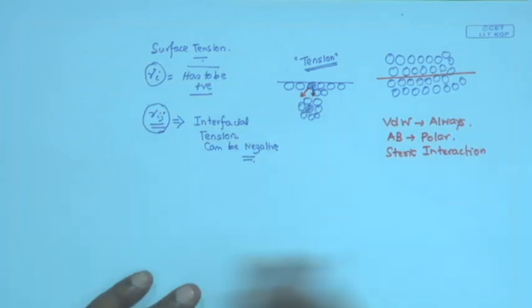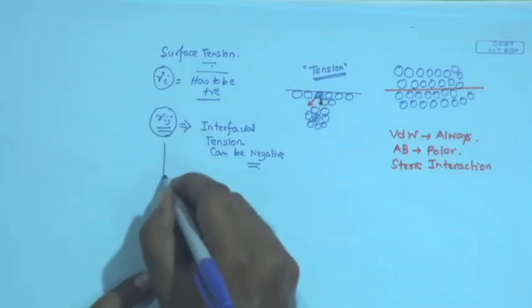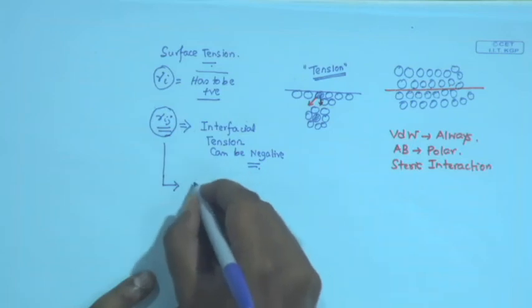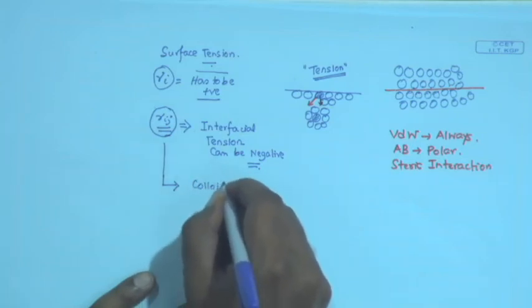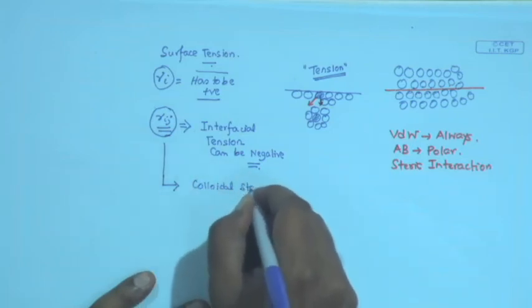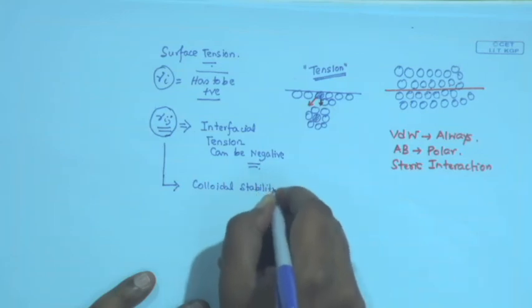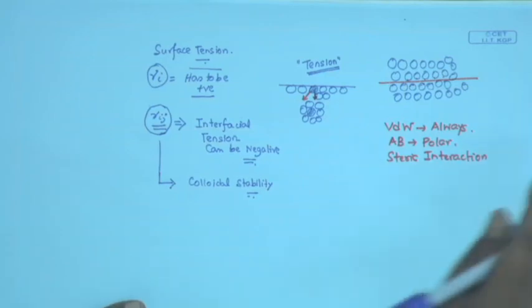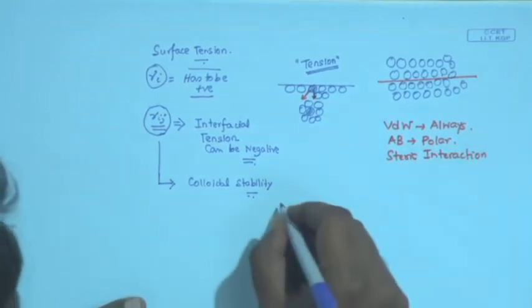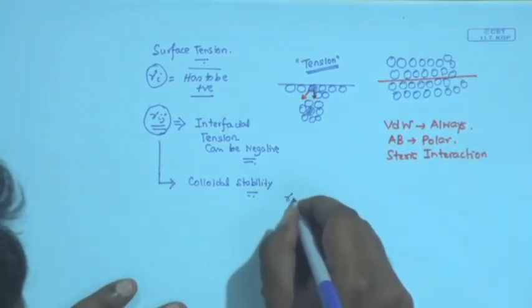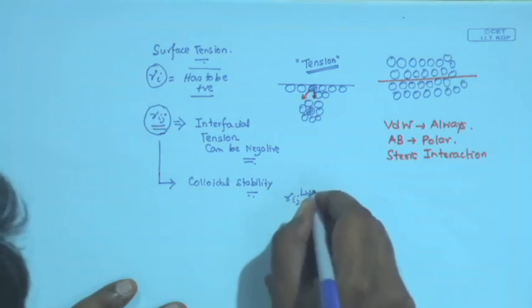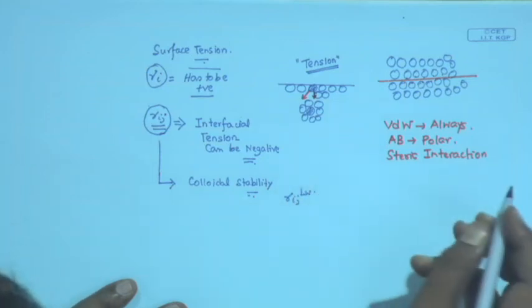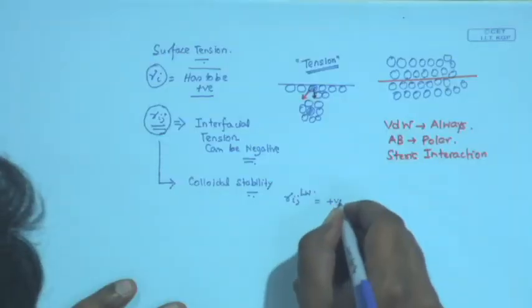This is a very interesting observation, and we also realize that this is responsible for colloidal stability. We started to look into the various components of surface tension and interfacial tension, and then we came up with an understanding that gamma ij LW, the interfacial tension due to van der Waals interaction, is always positive.